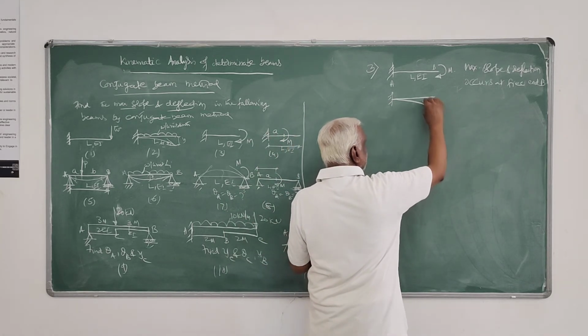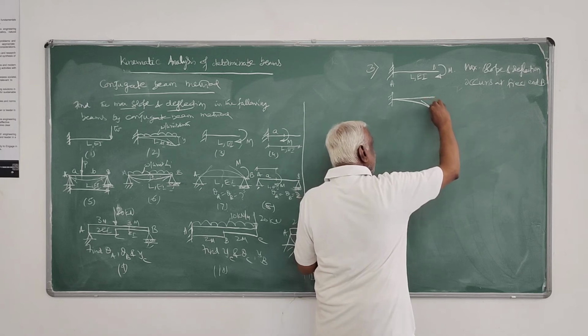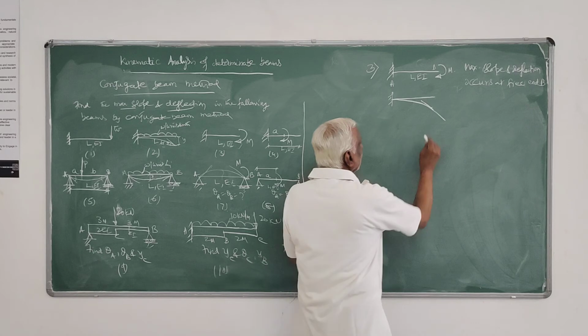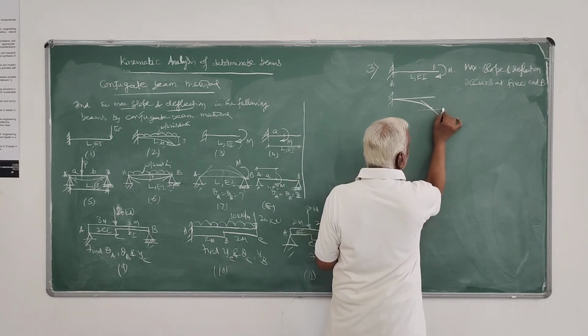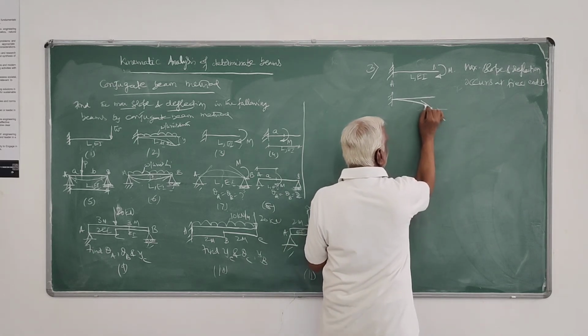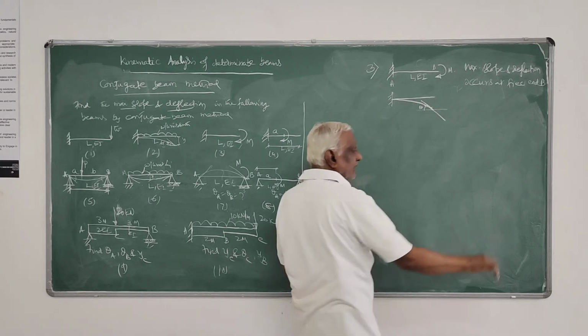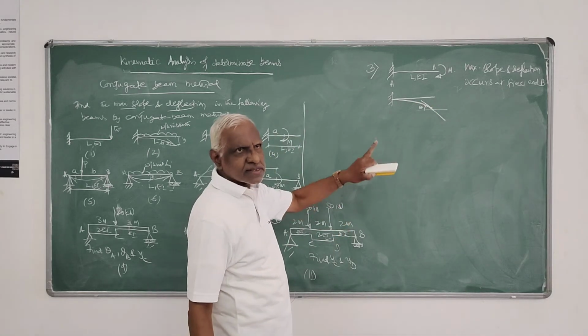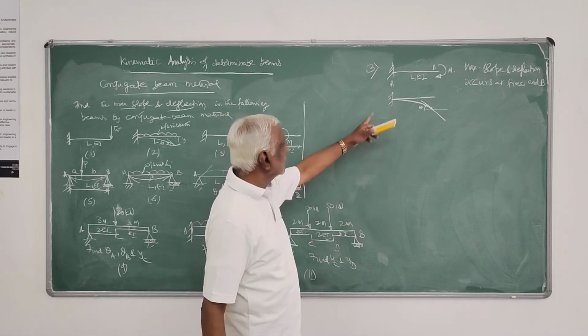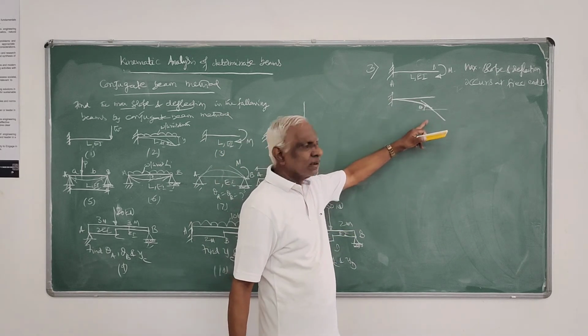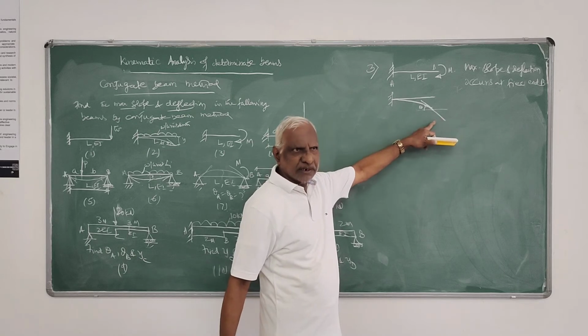Then as per our definition, I have to find the slope at this free end. I have to draw a tangent at the free end. I take the vertical and horizontal direction, whatever angle that tangent to the elastic curve makes. That is how I define it. This is the elastic curve, the deflected shape. This is the tangent at that free end.